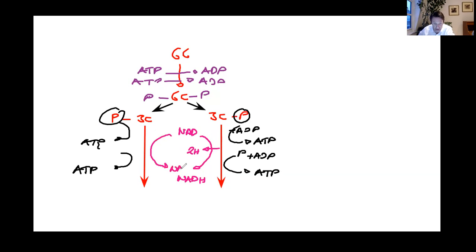So the triose phosphate is being oxidized, and we take 2 NADs and we turn them into 2 NADHs.